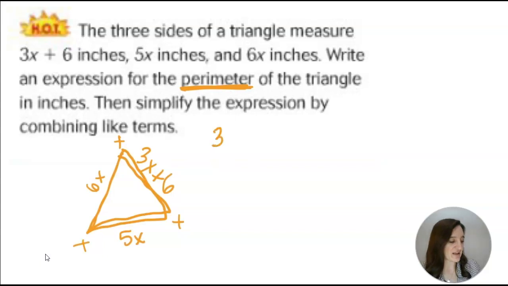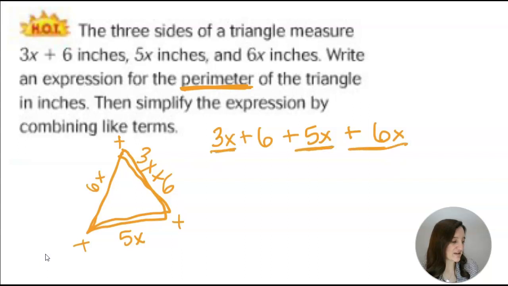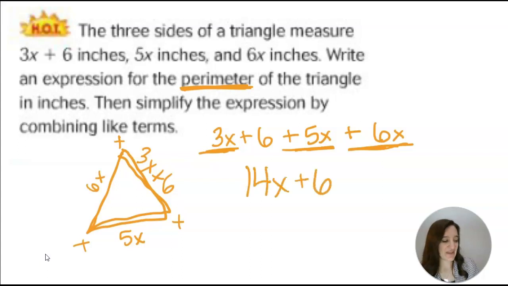So if I just write it, 3x plus 6 plus the 5x side plus the 6x side, I'm left with 3x plus 5x plus 6x, which is 14x? Yeah, 14x plus 6 is the whole perimeter.